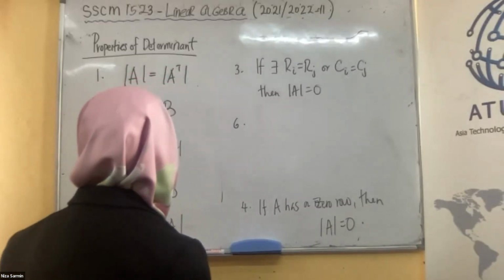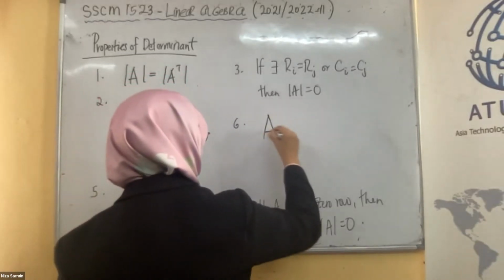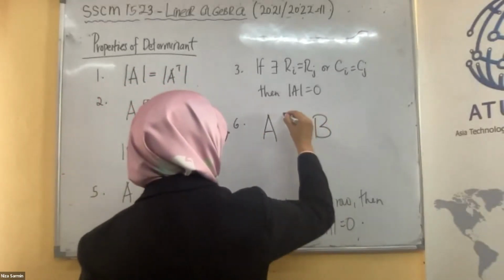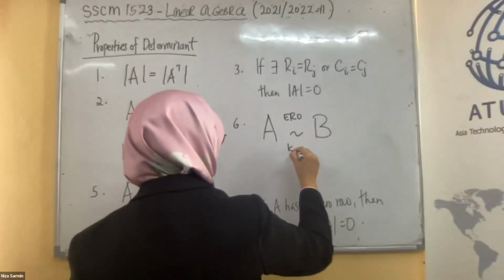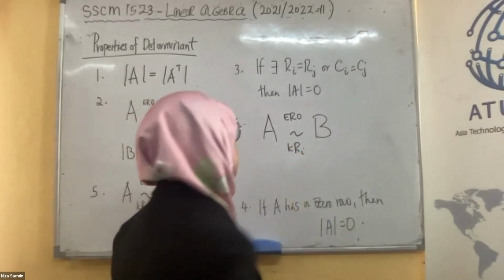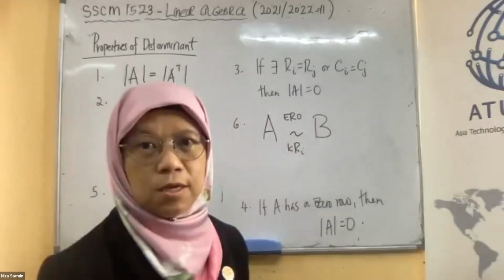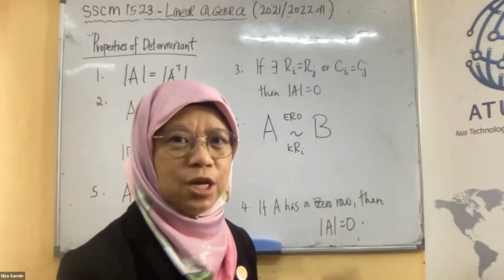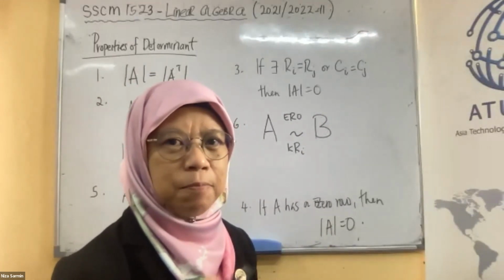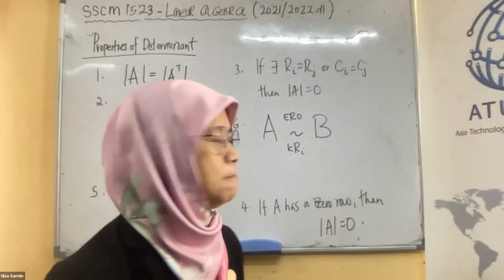Now, you have A, and then you have B, you have ERO, and you have KRI. Meaning you change by multiplying, right? By multiplying a row by a scalar.